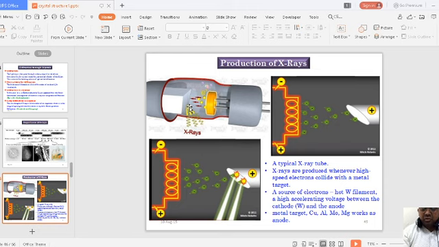The X-rays are produced when speeding electrons collide with the metal target, and the source of electrons is a hot filament. You can see in the diagram where the hot filament is.